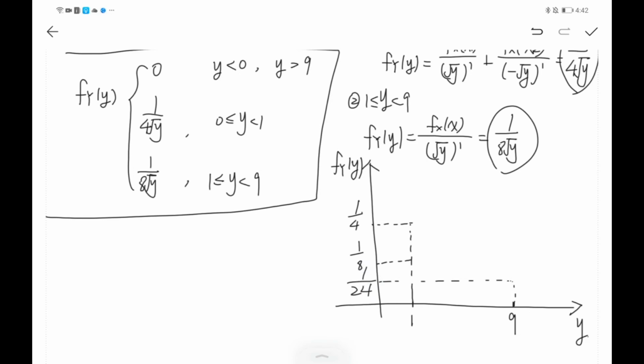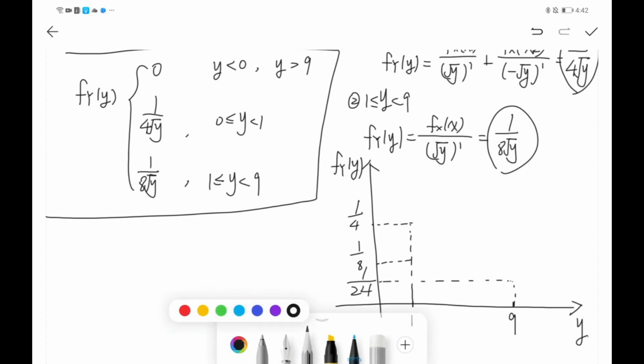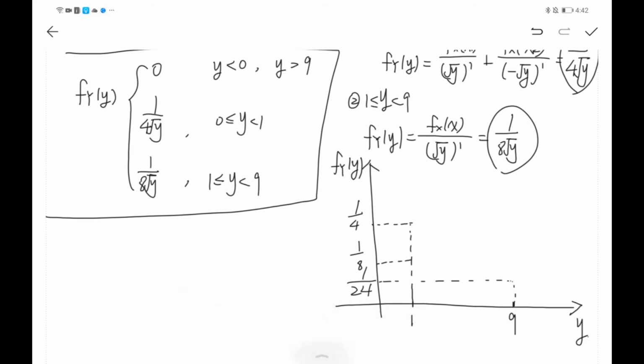So we got the plot like this, and it's 0 elsewhere. The plot is like this.